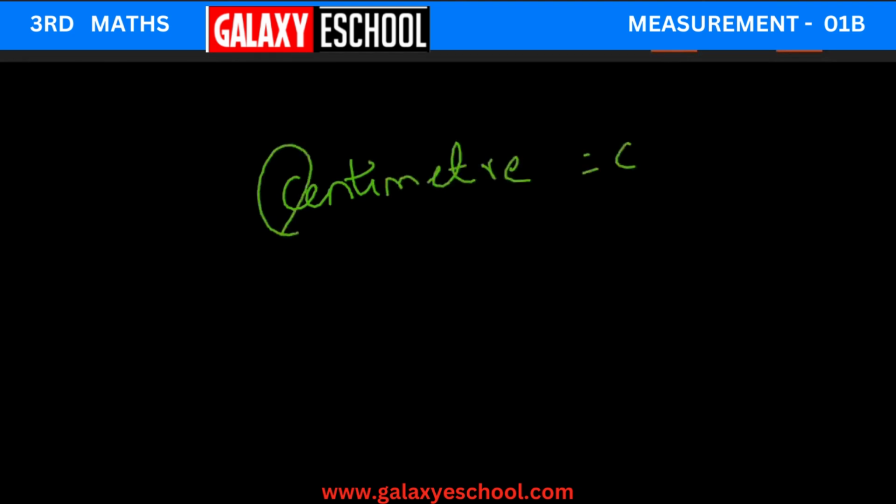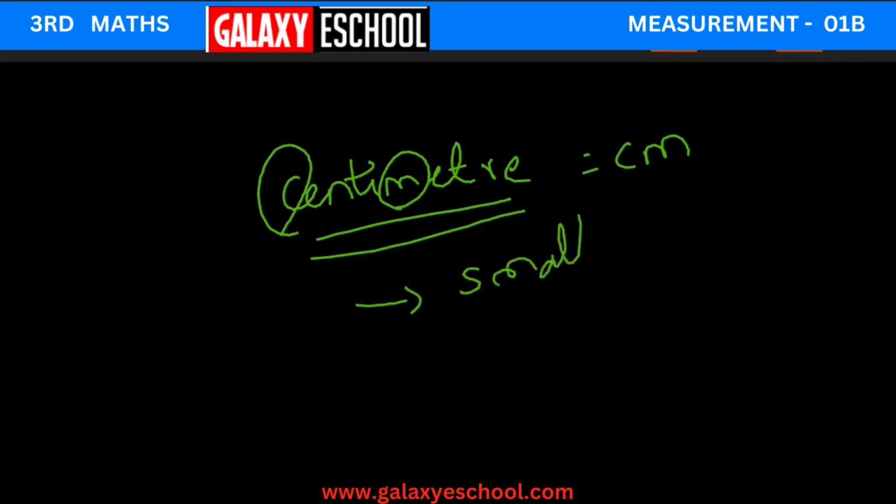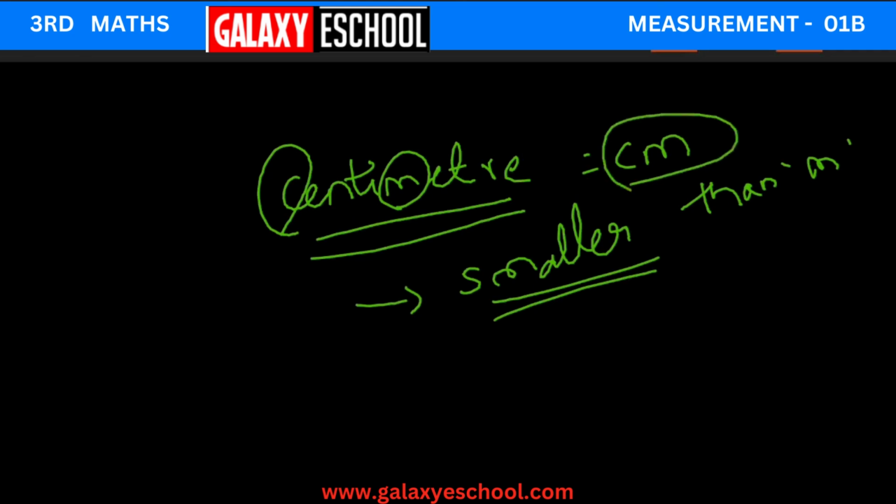C for centi, m for meter. The short form for centimeter is cm. And what is centimeter used for? It is used for smaller distances, smaller than meter.